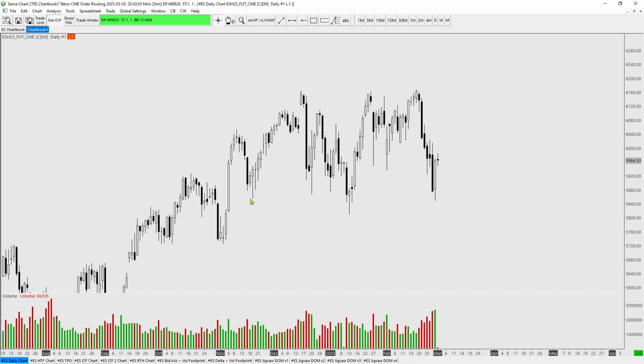We came down, tested this area over here, did a few operations there, tried to make another high, failed, and are rotating down. So some interesting levels that we can mark here are, well, initially a lot of traders do like to mark the absolute highs and lows.